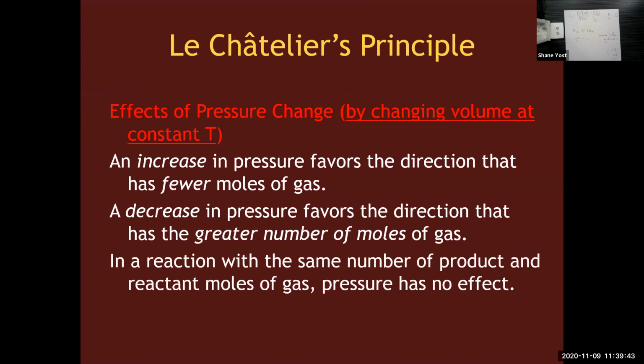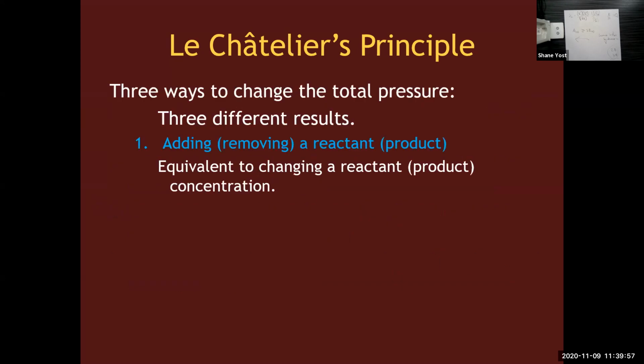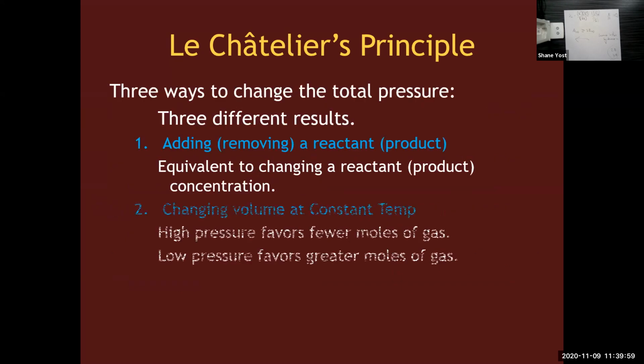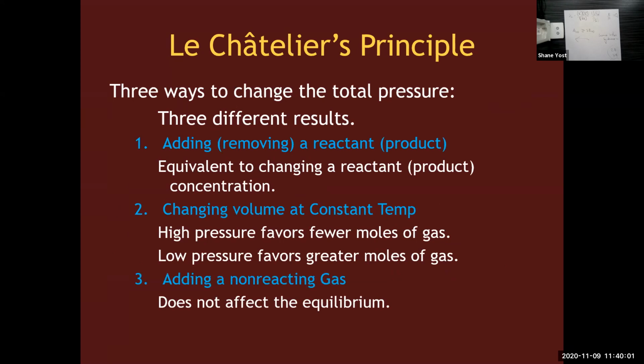And if the number of moles in the reactants and products are the same, then nothing happens, because the chemical potential of your reactants and products change equally, so it doesn't break it from equilibrium. Again, we talked about these three different things and how they affect the equilibrium.